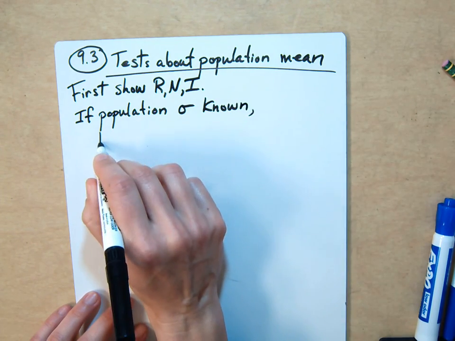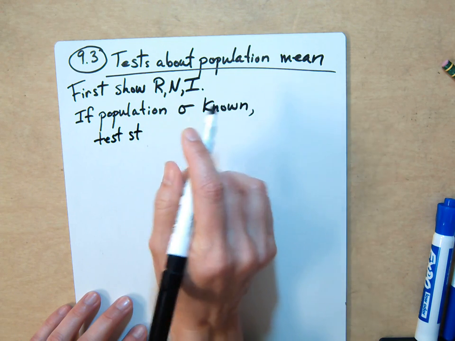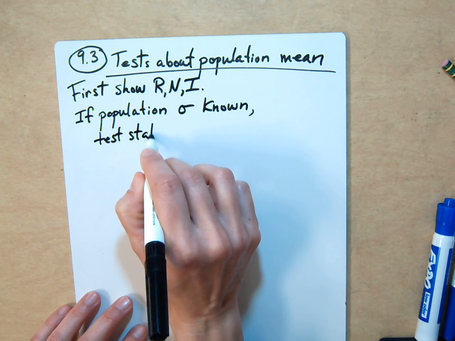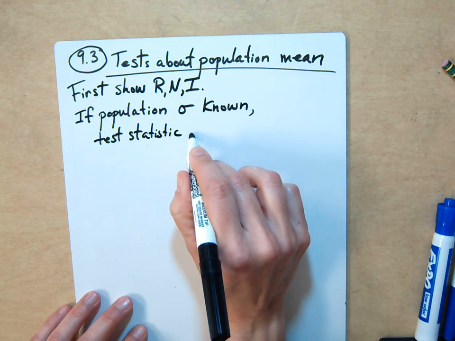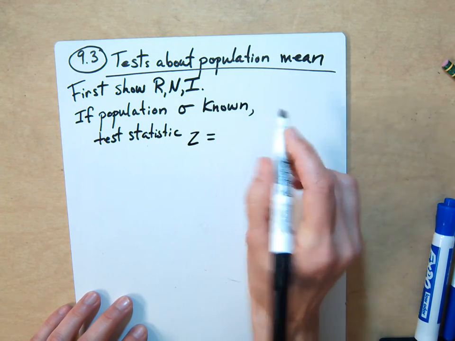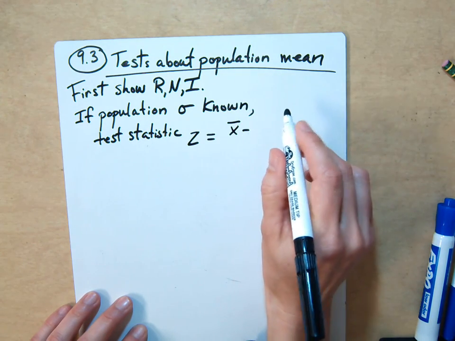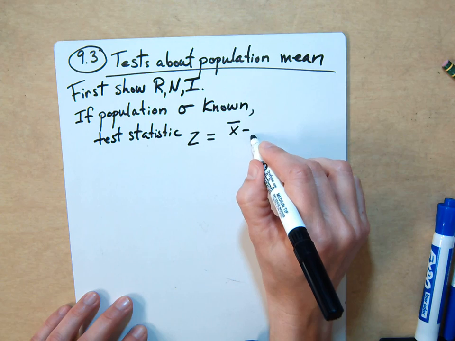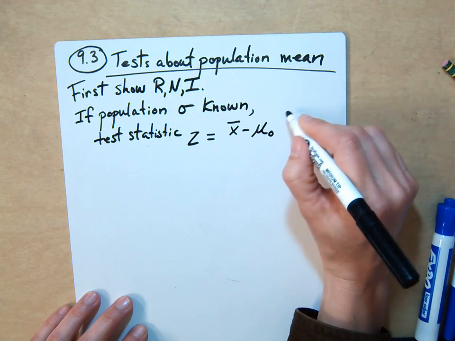Then your test statistic would be z, and you would say z is the sample mean minus whatever mean you stated in your null hypothesis.